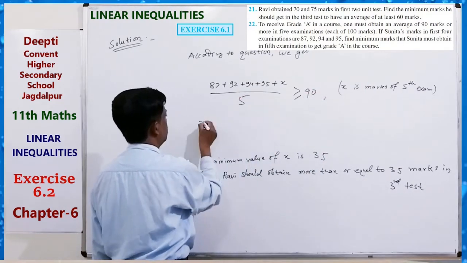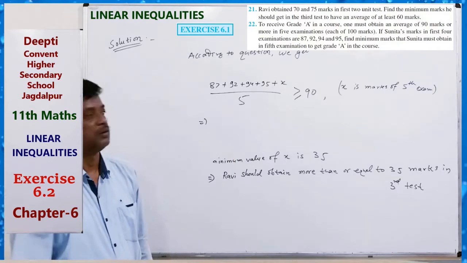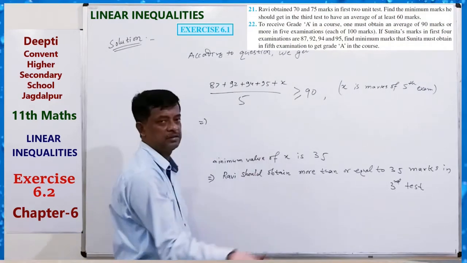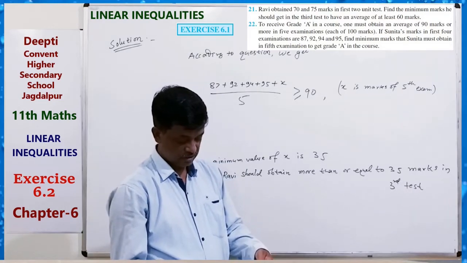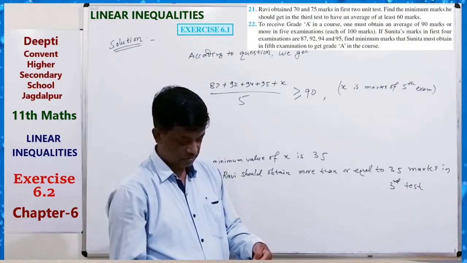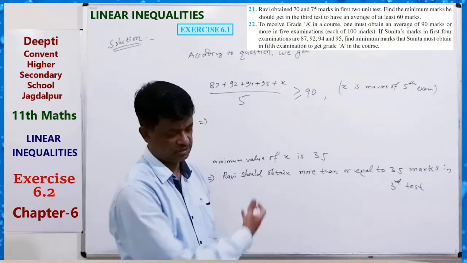You can solve it. This is the equation. After solving this, you can get the minimum marks that Sunita must obtain. It is just the same as the previous question.